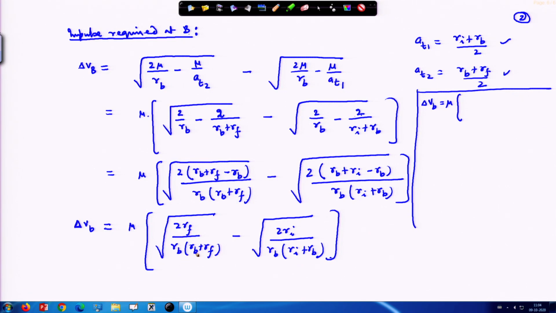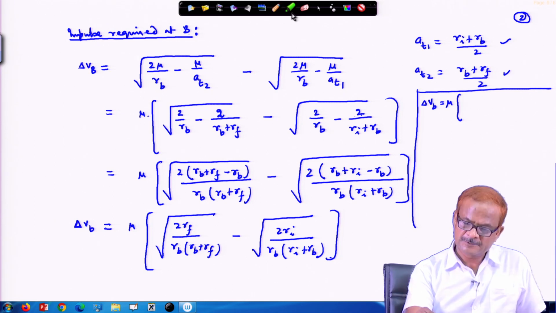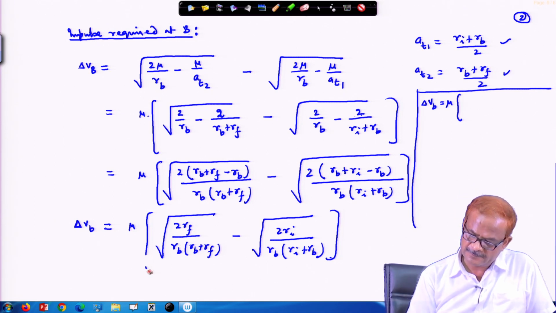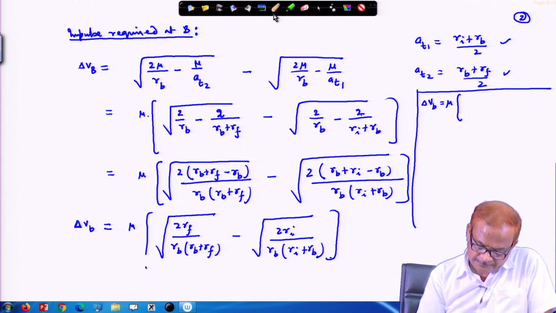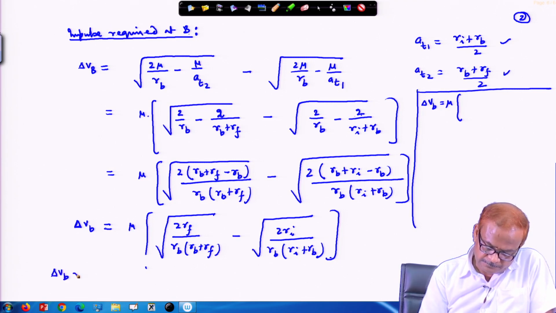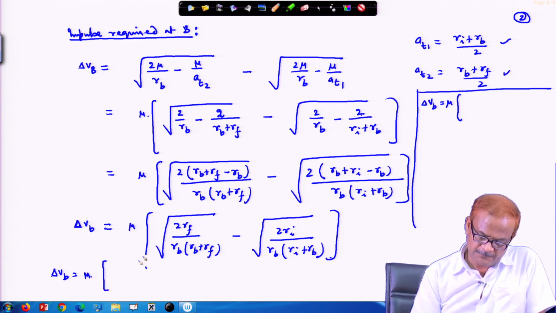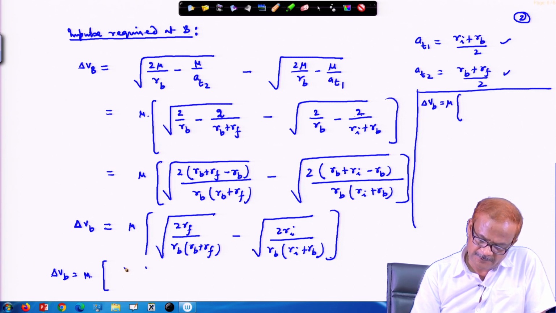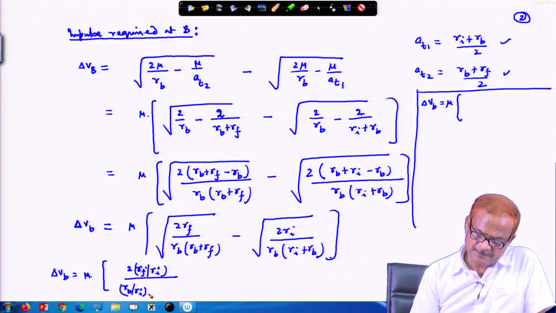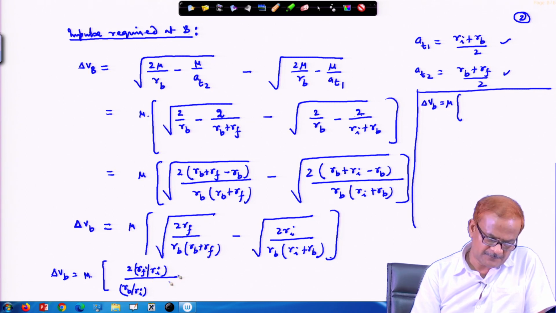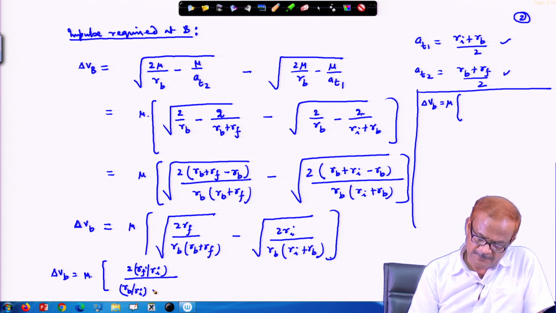So, we need to rewrite this a little bit, so that it gets into a proper format. First we will write here, try to accommodate here. We divide the numerator and denominator by r I. So, this is 2 r f by r I and r b by r I, and here r b plus r f is there. So, we have to do it in a proper way.